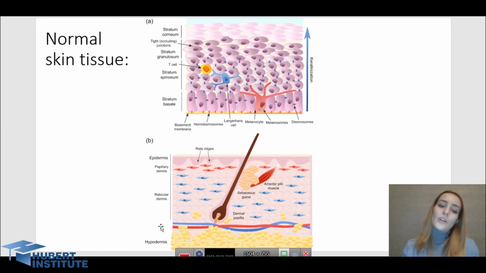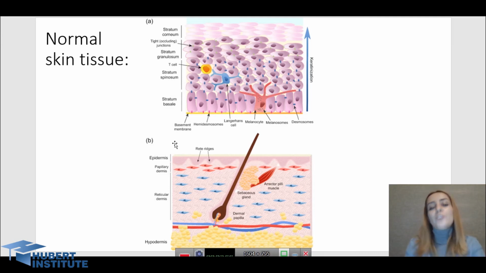The second part is the dermis, which is divided into two parts, papillary dermis and reticular dermis. The other part under that is the hypodermis. Hypodermis is generally fat under our skin. An example of that is the very thin superficial fascia that we have on our muscles. We study that in anatomy.